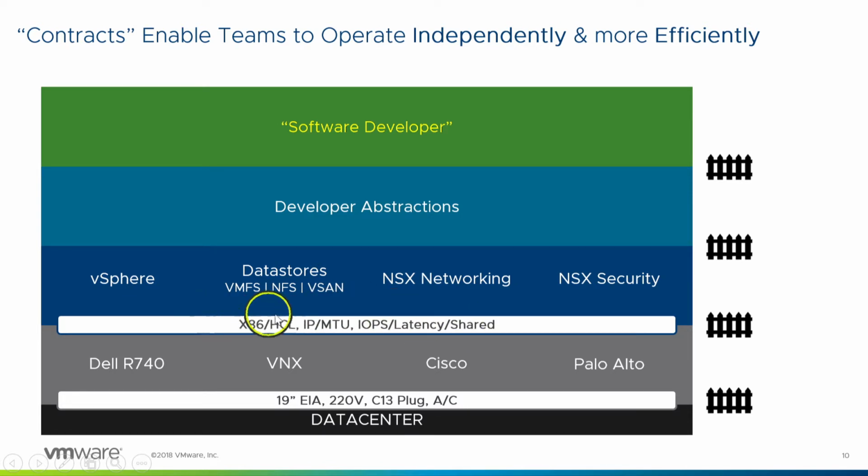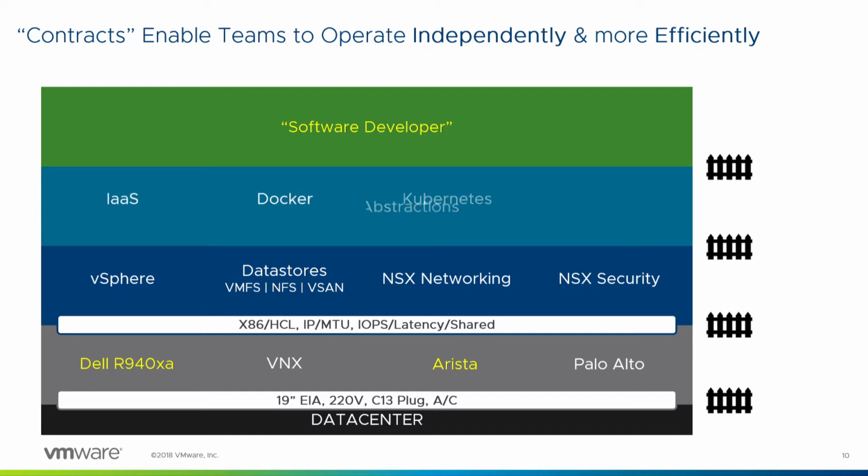So these are the contracts that exist between the virtual infrastructure team and the physical. And if it's clear what is okay and what isn't, then I can go down and change things out as the physical infrastructure team. I can make choices based on what's easy for me to operate and manage, right? And I can do that independent from the virtualization team.